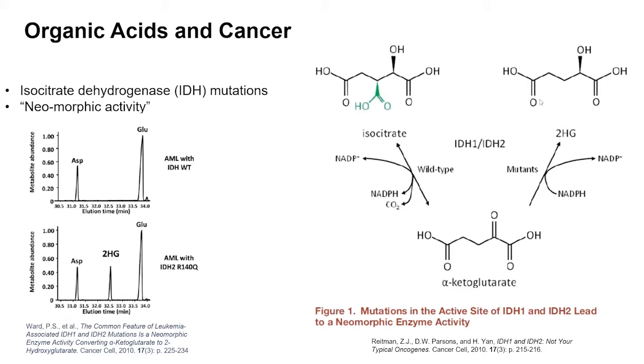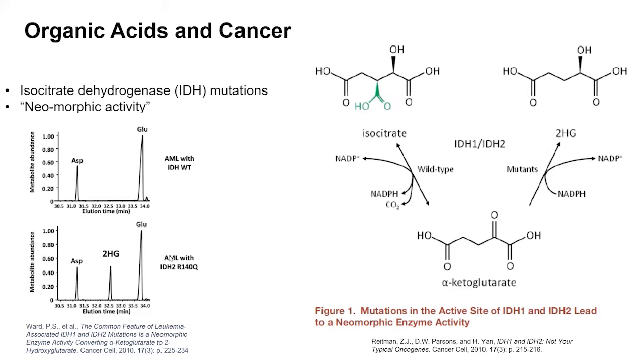So this is a new enzyme activity that is encoded in this mutation in this enzyme. So this has been termed a neomorphic activity. So the cancer-associated mutation causes the enzyme to have a new activity, a neomorphic activity. And the new metabolite that it makes is now being called an oncometabolite because it's only produced in these cells that have this particular enzyme mutation.